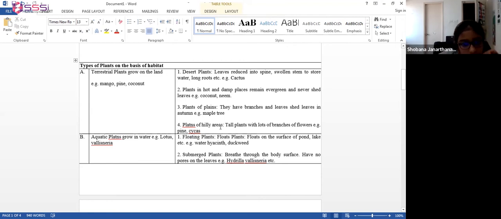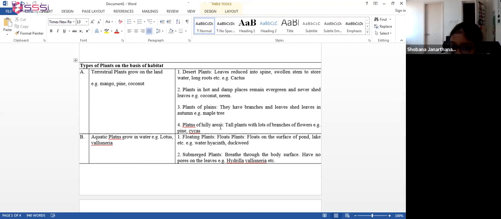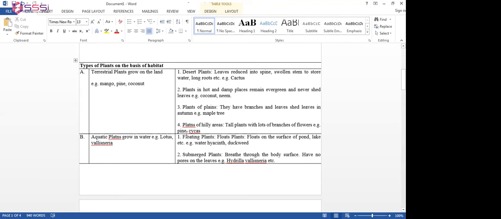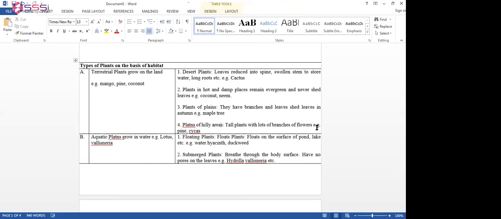In hilly areas, that means in the north part of India, right? Yes. The example is pine. The plants are very tall with a lot of branches. They will also have flowers.